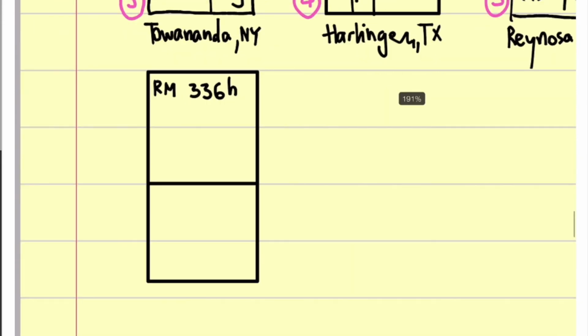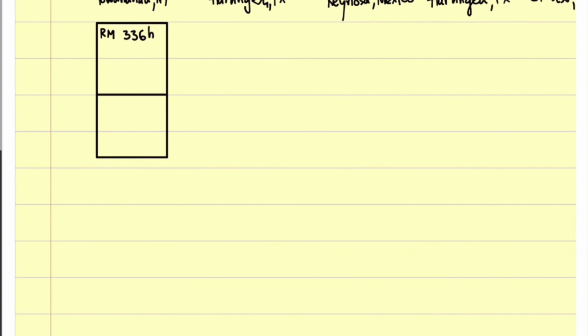Put it here somewhere. Raw material inventory. Why am I representing inventory in hours?